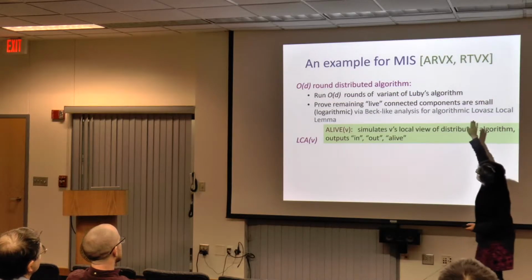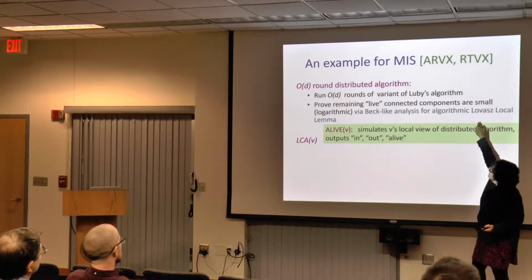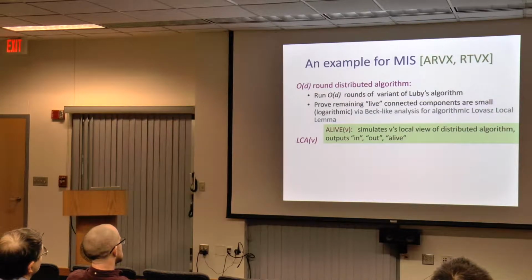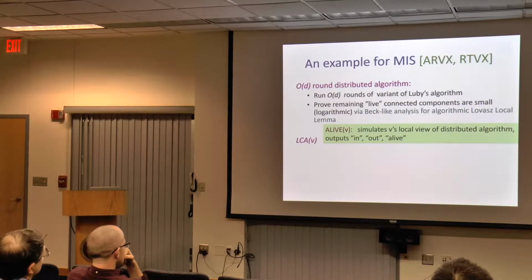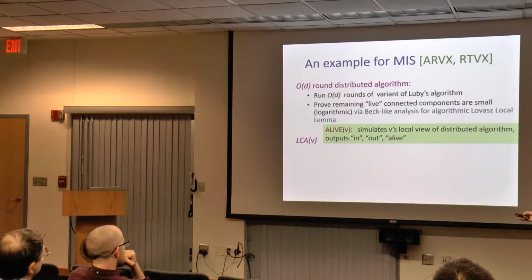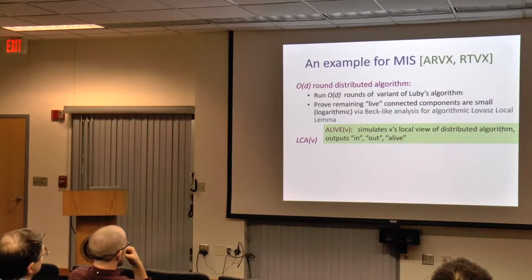So this was the order D rounds variant of Luby's. We prove the live connected components are small. In order to prove that, we used a variant of the Beck-like analysis for the Lovász local lemma. That's the algorithmic version of the Lovász local lemma.